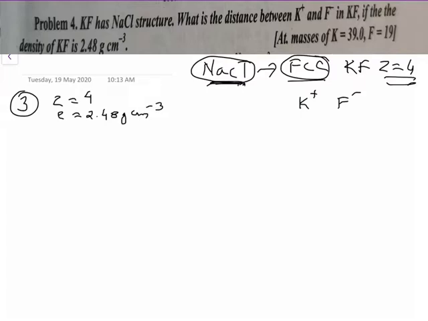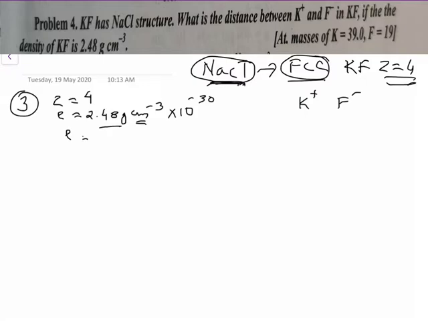But now since the question is asking what is the distance, and distance is very small, I have to calculate it in picometer, but here density as you can see is given in centimeter cube. So I have to convert this into picometer. I am dividing this by 10 to the power 30, so if I take it up, it becomes 10 to the power minus 30.